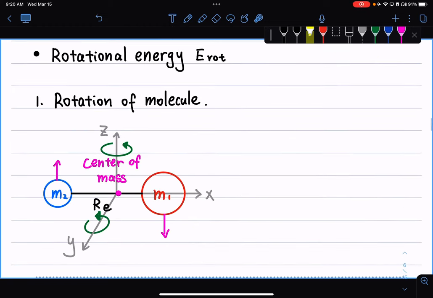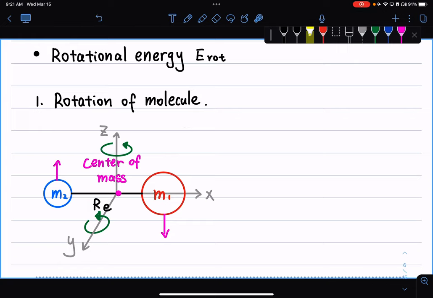The second fundamental motion of a diatomic molecule is called rotational energy. Like the name said, we're talking about rotation of a molecule. When we're describing the rotational mode, people use the rigid rotator model.